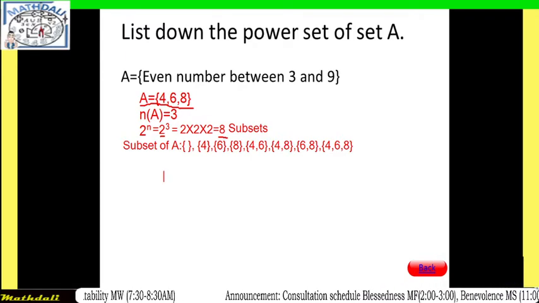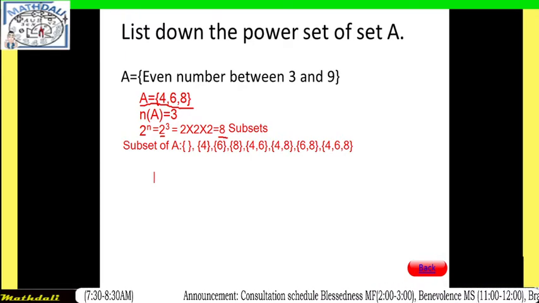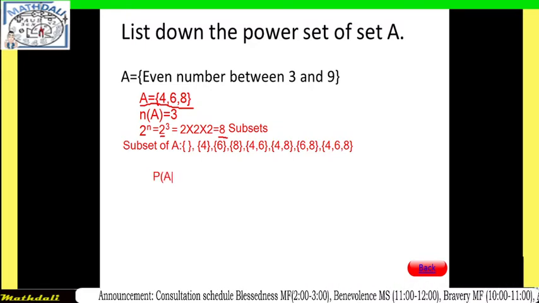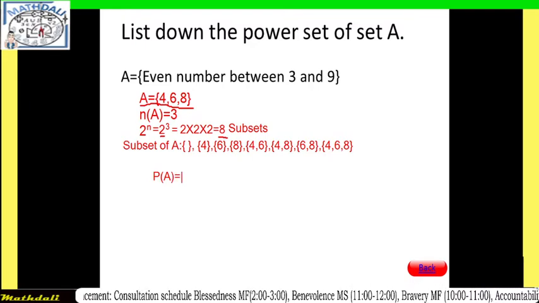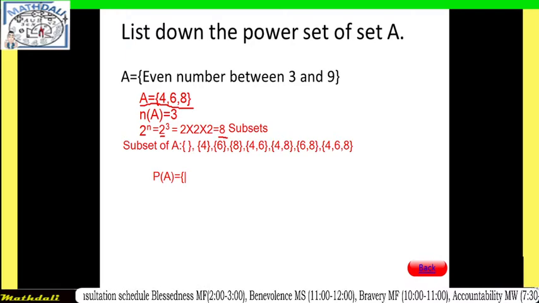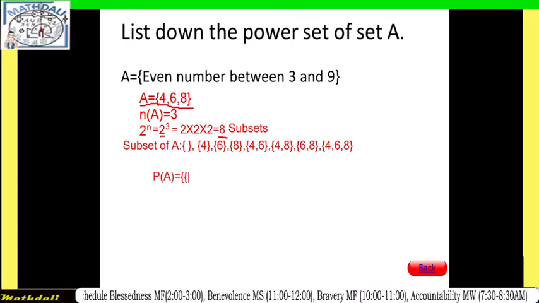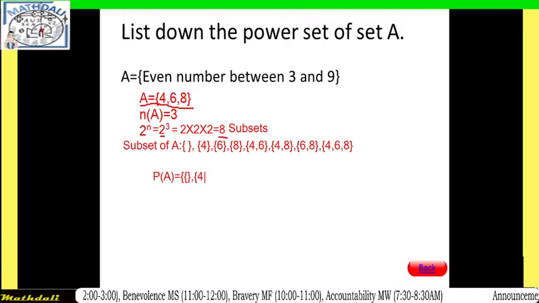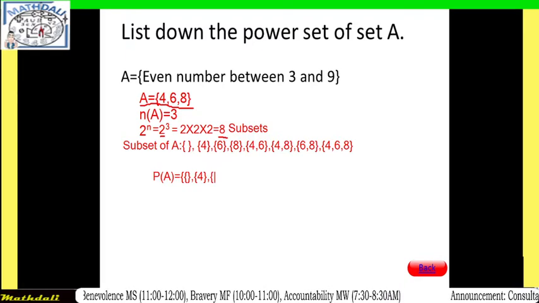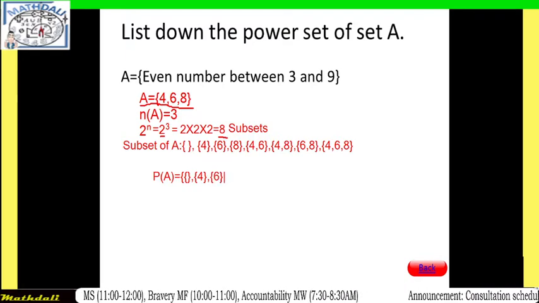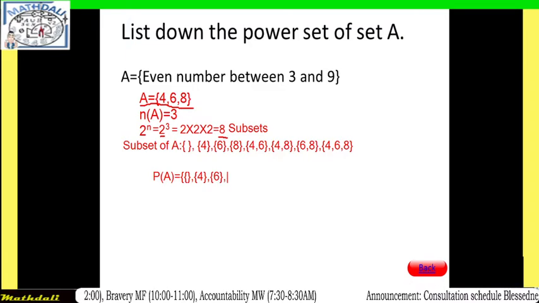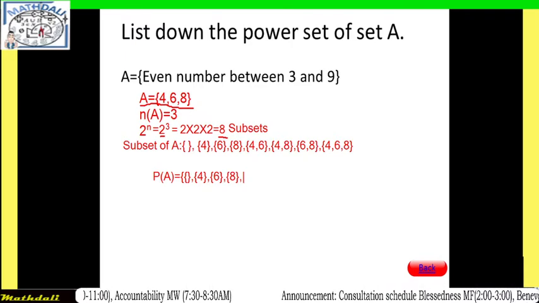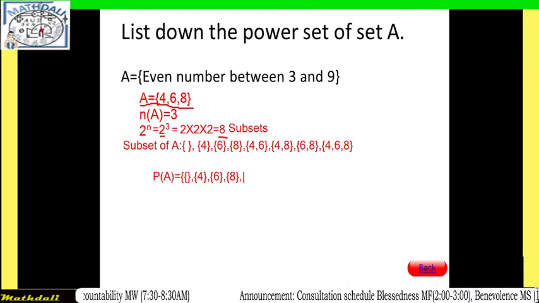So the power set of set A will be equal to, we list down all the subsets. In this form, we have the null set, then the elements 4, then 6, and 8. Those are the elements of our power set, the subsets of the given set.